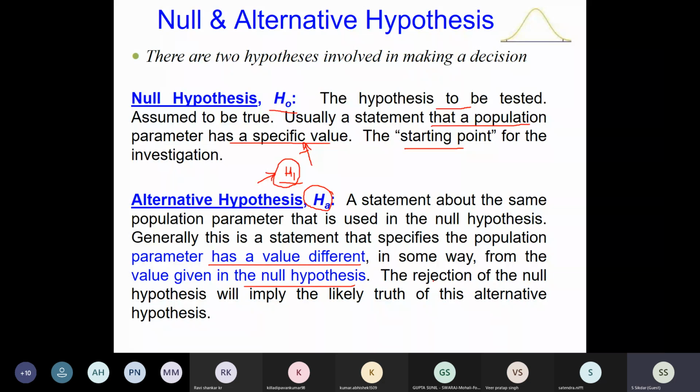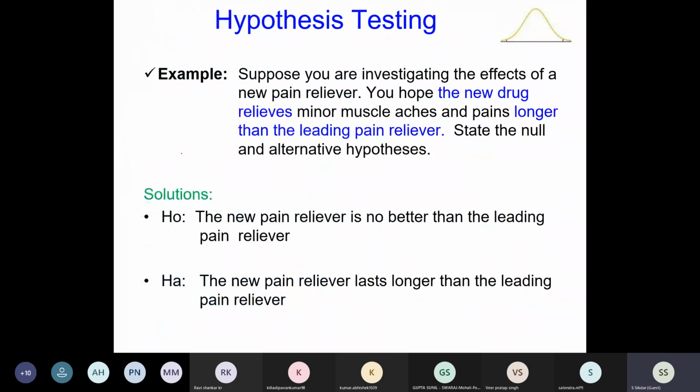So if there is rejection, that means if it is found that it is not valid, or if it doesn't hold good, then this alternative hypothesis is true. That's what it says, that it implies likely truth. That means if this one doesn't work, then certainly this is going to be valid. So that's in brief.